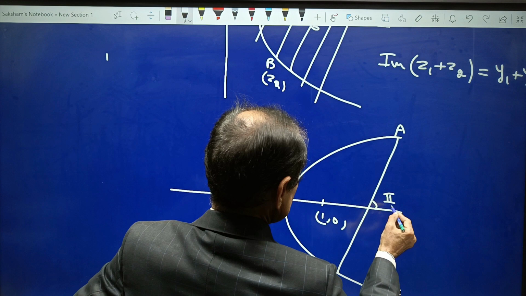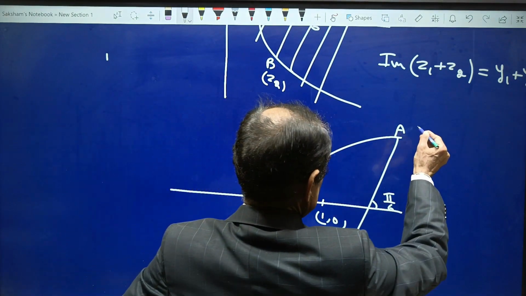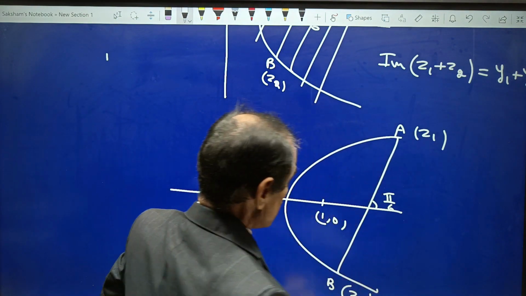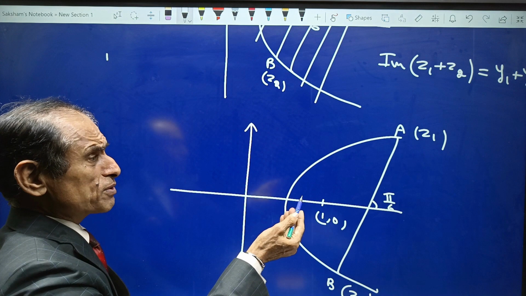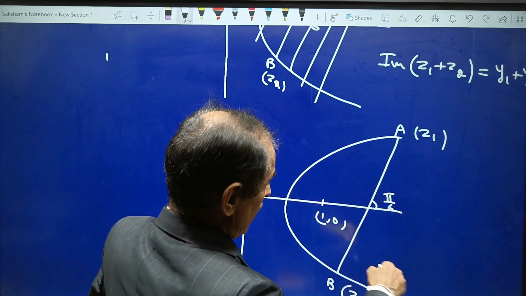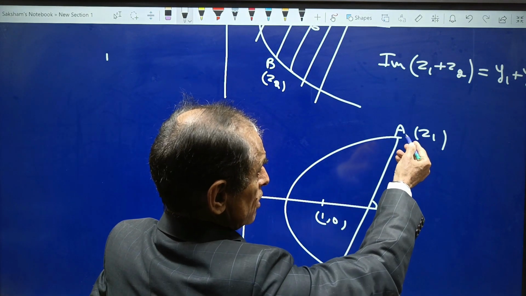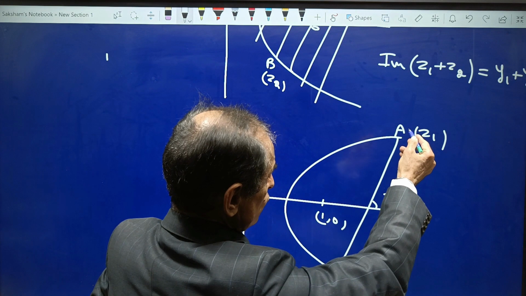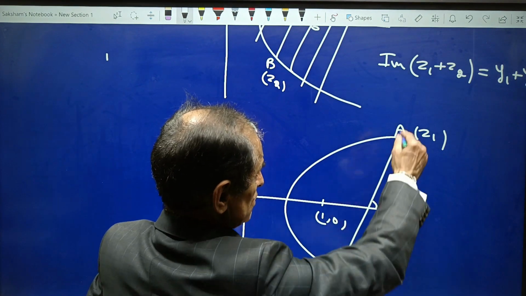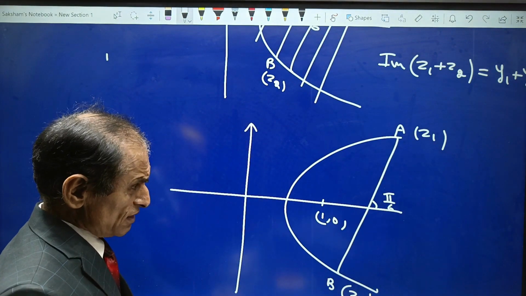This angle is pi by 6. It is Z1, it is Z2. Given information clearly shows that Z1 and Z2 are any 2 points on the parabola. Only condition is argument of BA is pi by 6. That is, this line always makes an angle of 30 degree with x-axis.